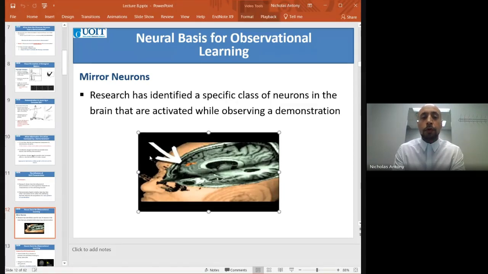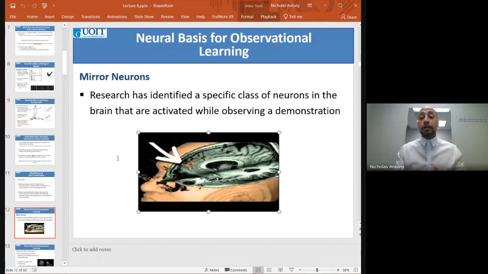Own time? Okay. But this is interesting because what it showed was that the area of the brain that is responsible for observing demonstration and putting that into learning and motor programming is the premotor area.